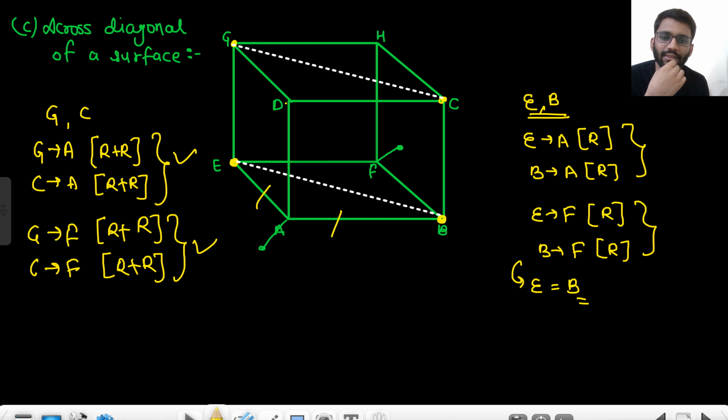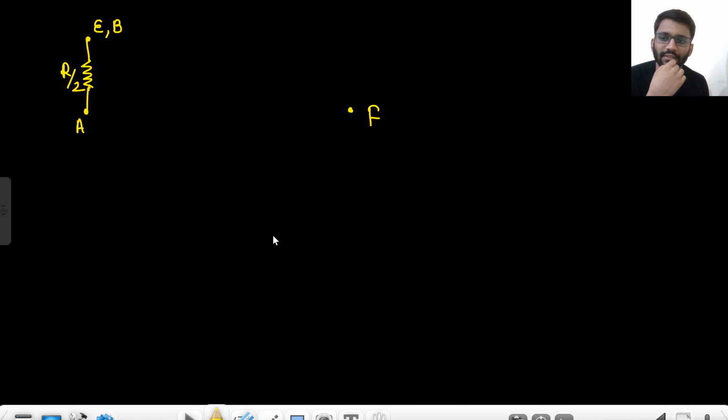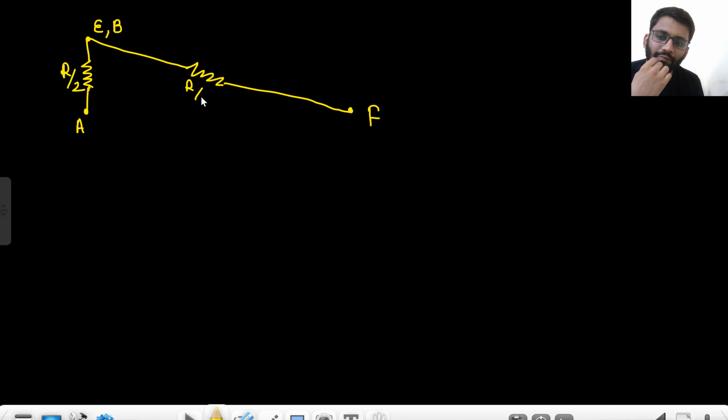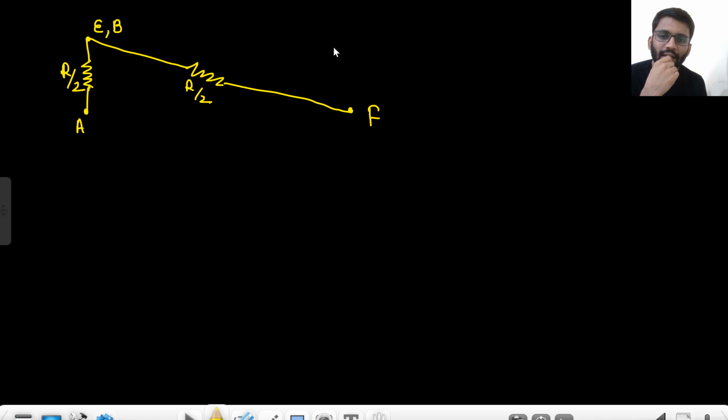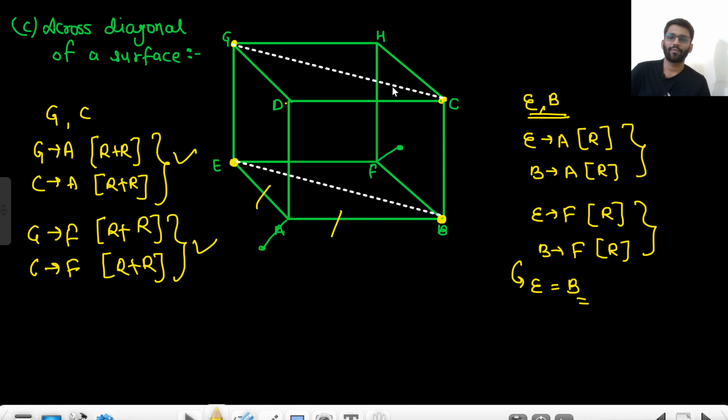From F to B there is R resistance, from F to E there is R resistance. So R and R in parallel, R by 2. From F to H we have a resistance of R. So this is gone, this is gone, this is also gone.